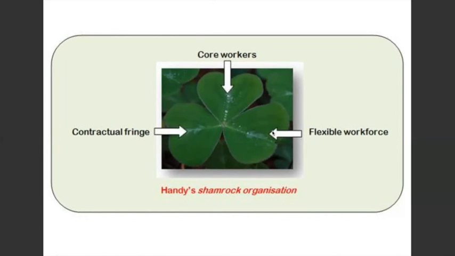And lastly, there is the type of flexible workforce, which refers to the peripheral workers, such as, for example, flexi-time workers employed on a short-term basis only. This model overall emphasizes the growing practice of outsourcing non-essential activities, as well as the recognition of flexible working practices.